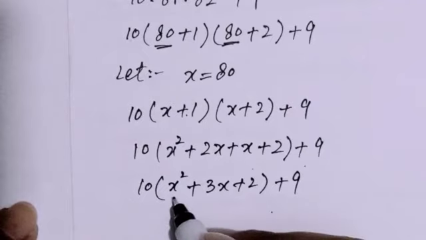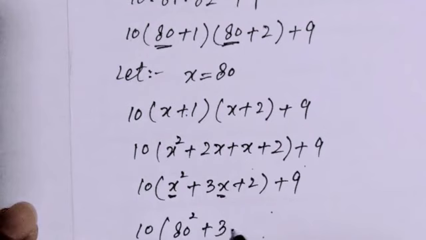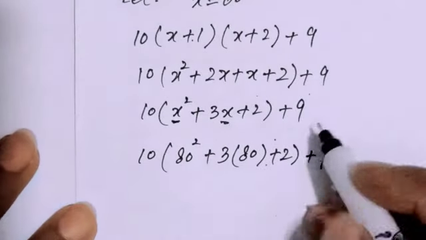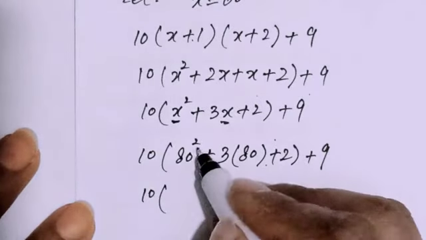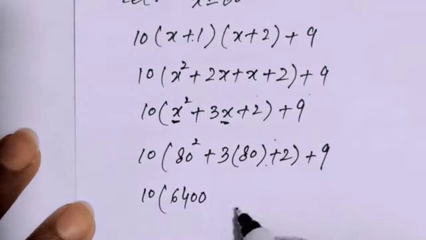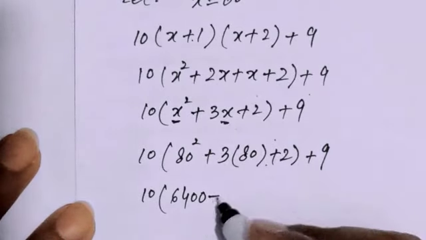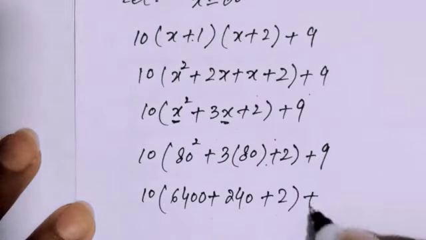Now again I can replace this x, as I let x equal 80. So it will be 80 squared plus 3 times 80 plus 2, plus 9. Now I can solve it easily: 8 times 8 will be 64, and it's power 2, so there will be 2 zeros, plus 8 times 3 is 24, with a zero, plus 2, and plus 9.